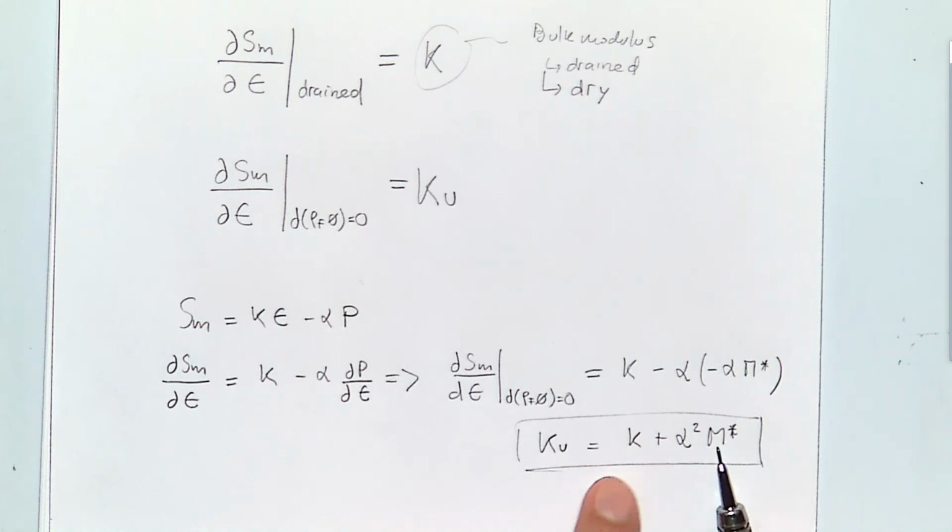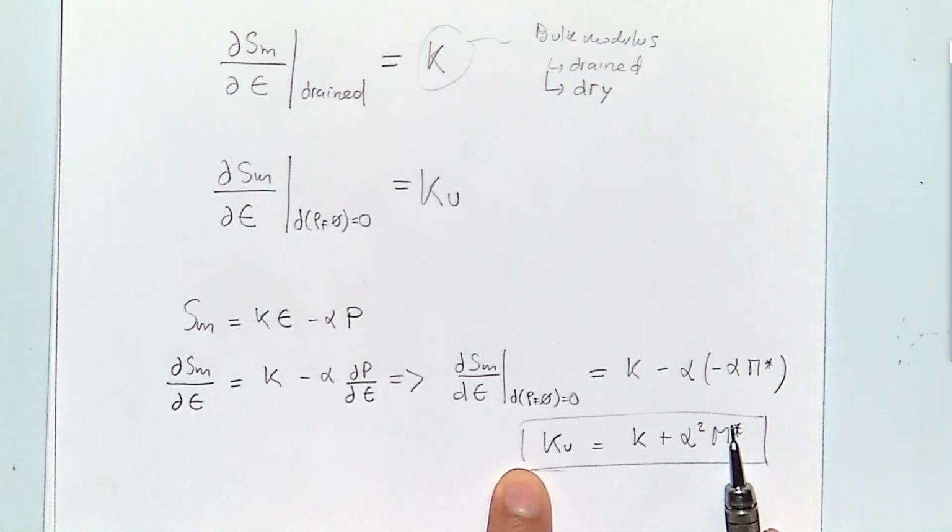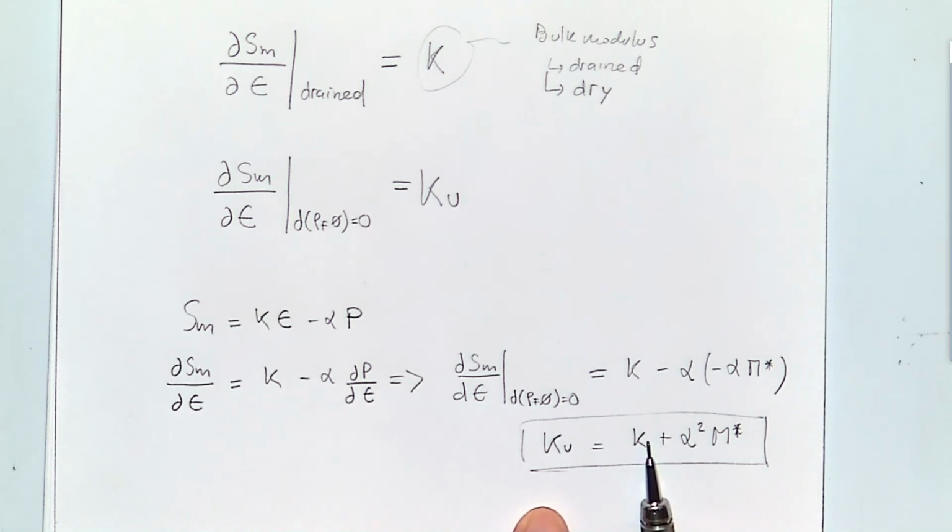And here, now we're taking into account that we can compress a porous solid and also what is inside, and that equivalent bulk modulus is going to be this one.